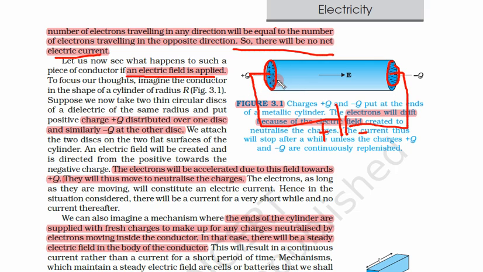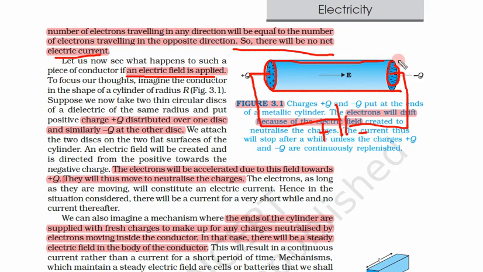The area of the disc is equal to the cross section of this wire, and now the disc is attached to this side of the wire and another disc which is negative is attached on this side of the wire. So there is an electric field because of this positive and negative charges.